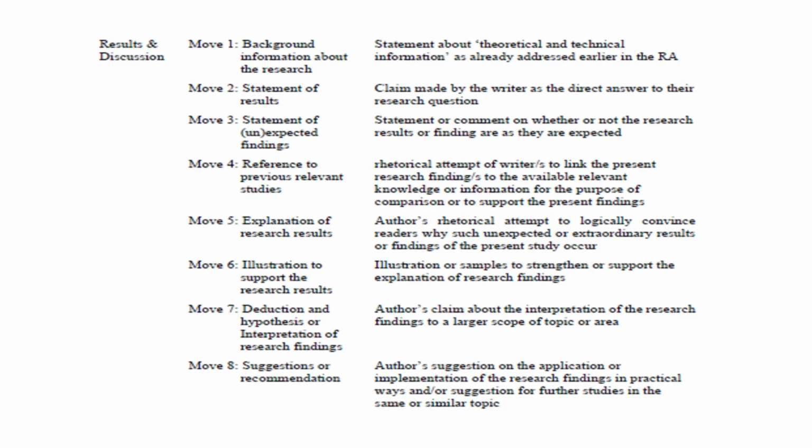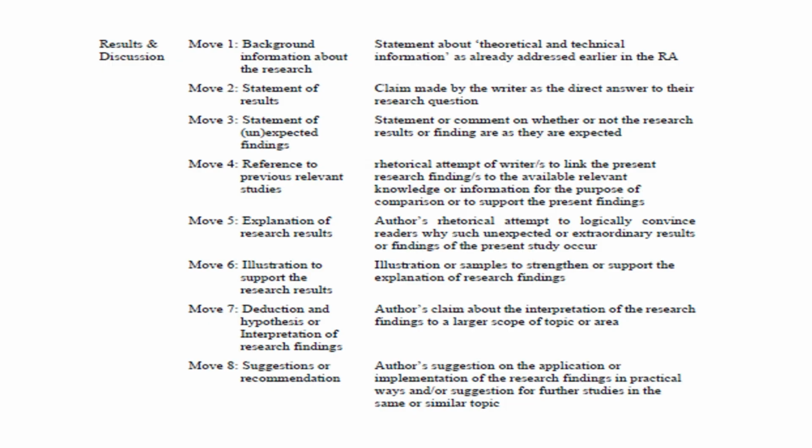In the first move, we address the background information about our research. For example, we state again the objective of our study or the research question, just to remind readers that we are going to address and discuss the answers to each of our research questions.